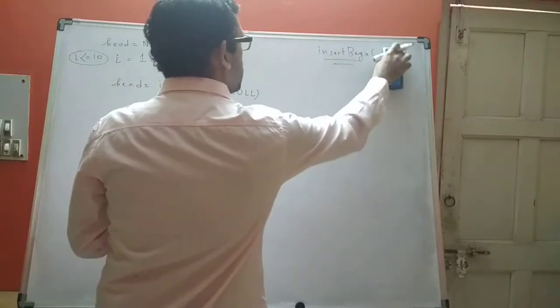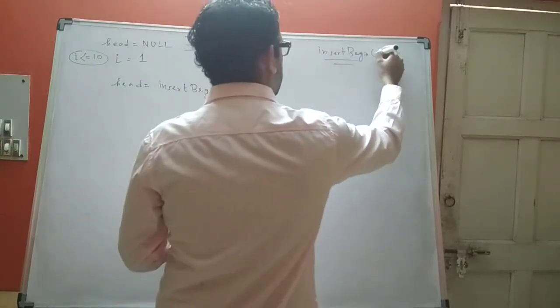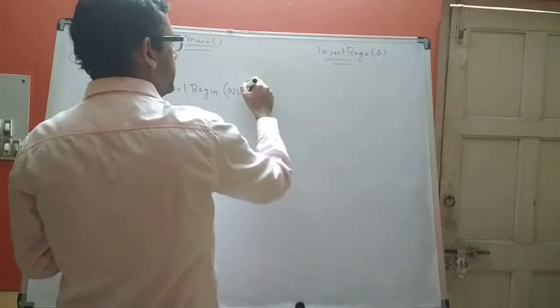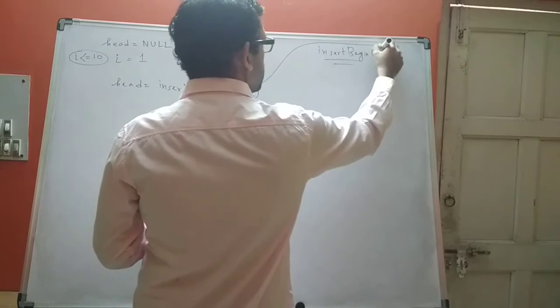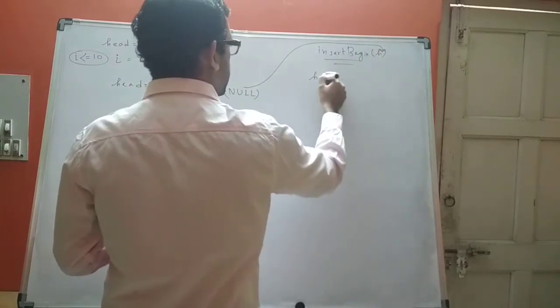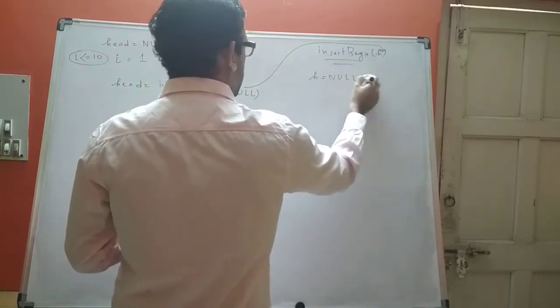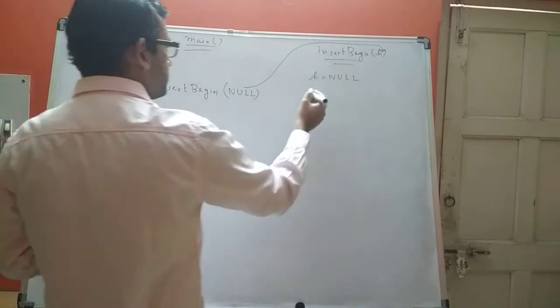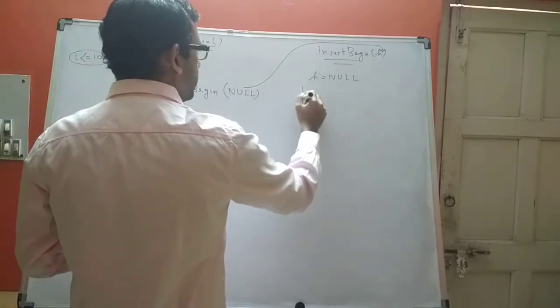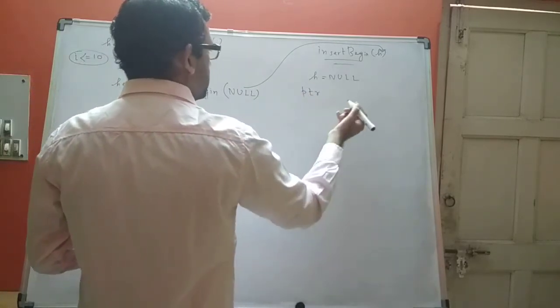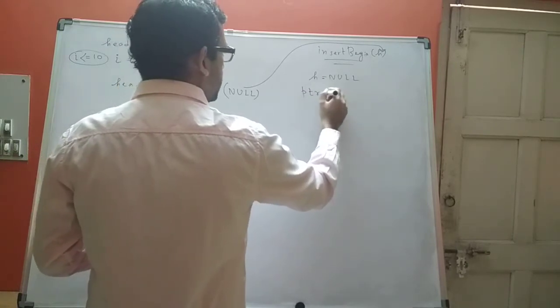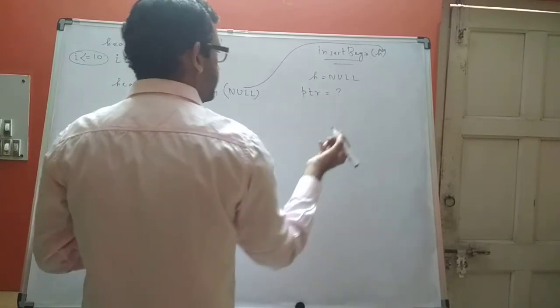Insert begin is expecting an argument, and this null value will be stored in h. So now h contains null. I have declared another pointer called ptr. So ptr currently contains nothing, its value is unknown.